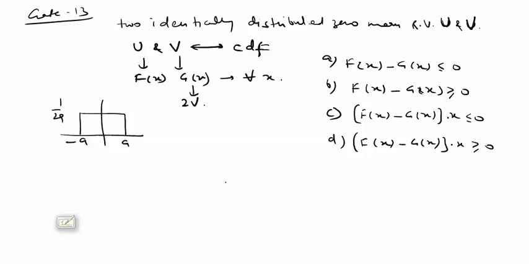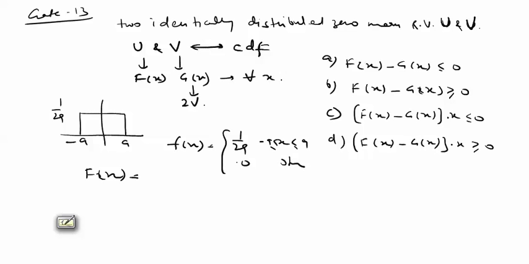So now we calculate first the PDF of the first case. For the PDF of the first case, fx comes from, because its PDF is given in this way, 1 upon 2a, x varies between minus a to a, otherwise 0.